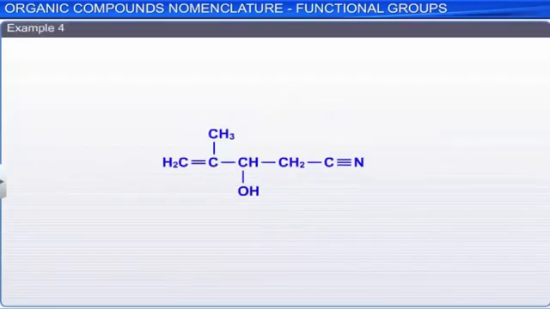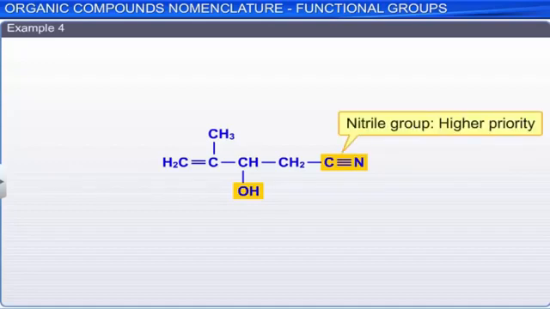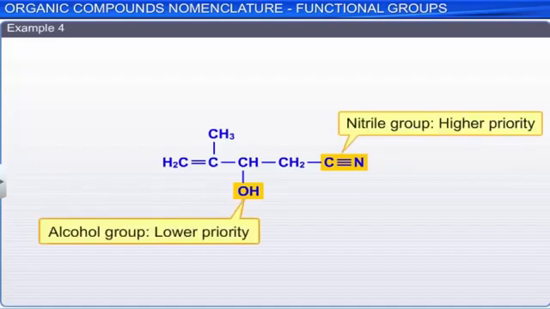Now let's name this compound. In this compound, there are two functional groups attached, nitrile group and alcohol group. As the nitrile group has higher priority than alcohol group, we will number the carbon chain such that the carbon of nitrile group gets position 1.